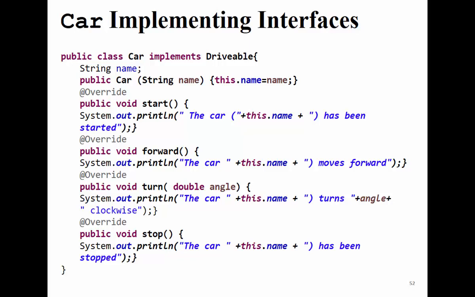So in this case, our interface is Drivable, which contains start, stop, forward, and turn. So this class, Car, should give me the implementation for all of them. In this case, I should see start, forward, turn, and stop. Any question?